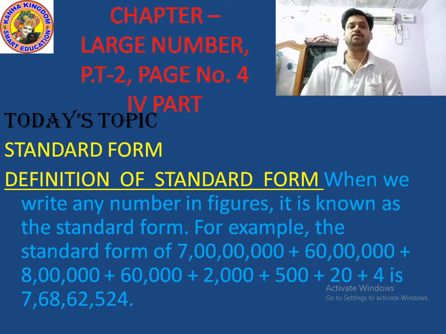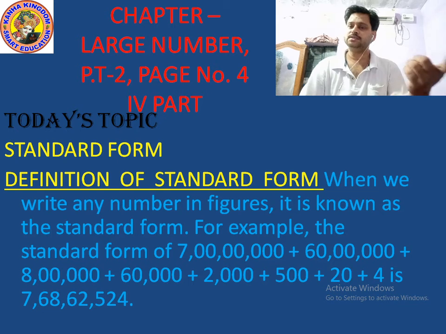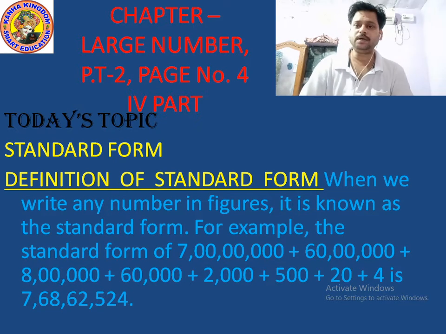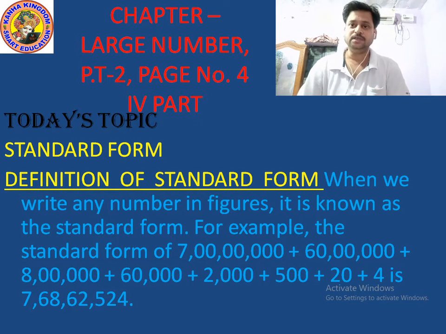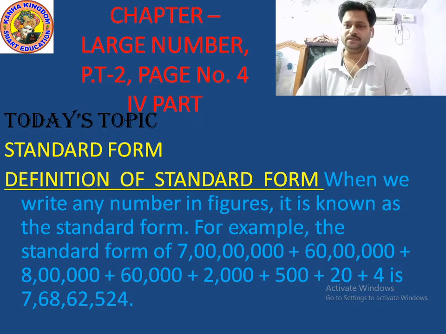So first of all, we check commas. In the first number there are 3 commas, and after the third comma a single digit, and we all know in 3 commas, lakhs period, crores period. So 7 in the crores period.